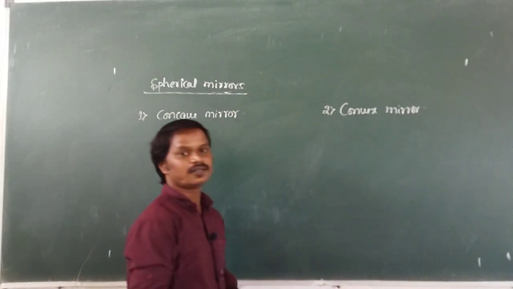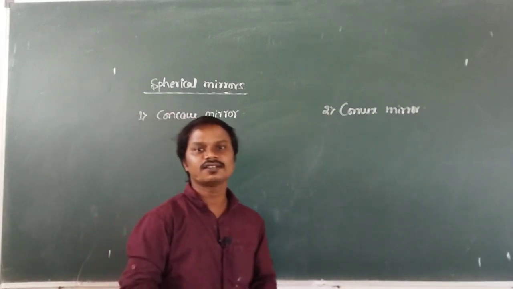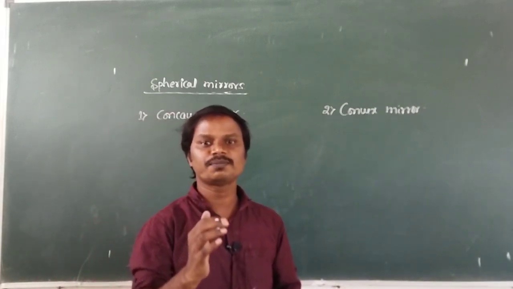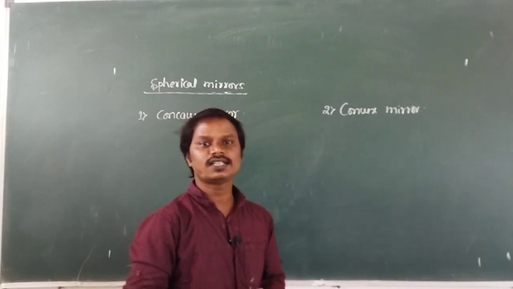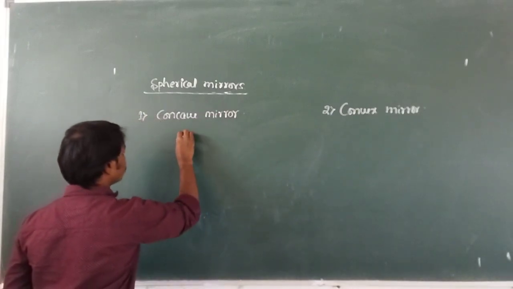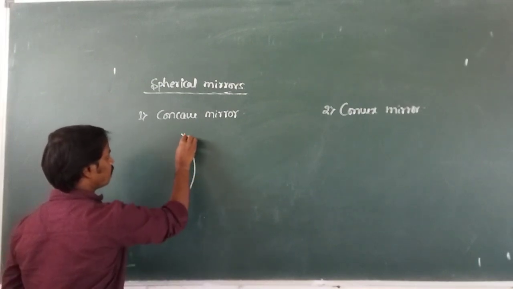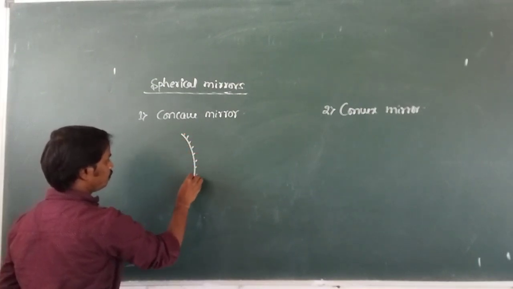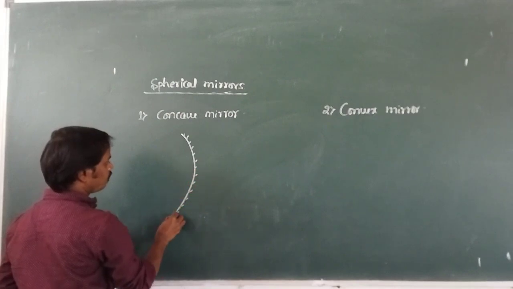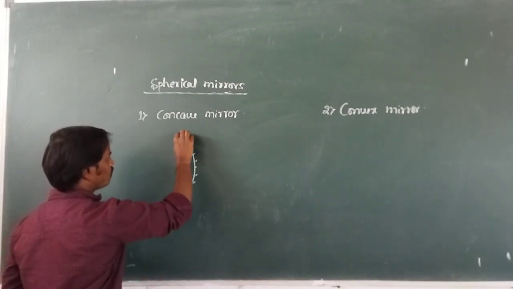So, let us draw the diagram for the concave mirror. What do you mean by a concave mirror? It is a spherical mirror whose reflecting surface is towards the center of curvature. See here. It is a spherical mirror, and one surface is polished.